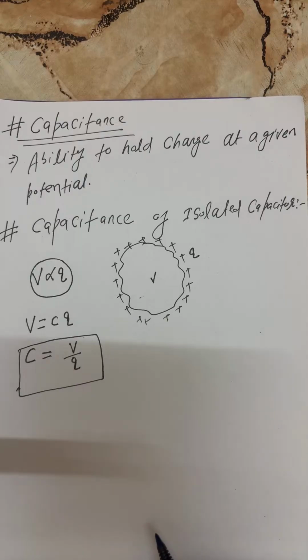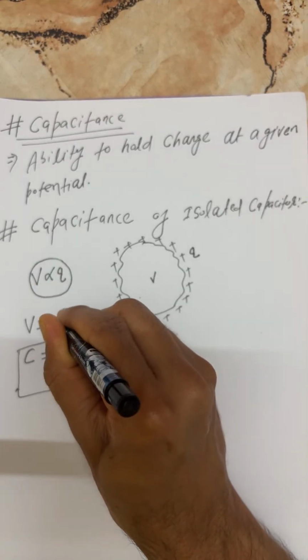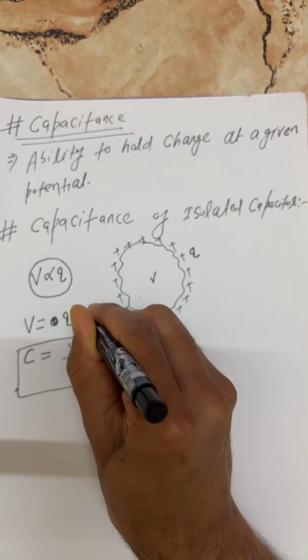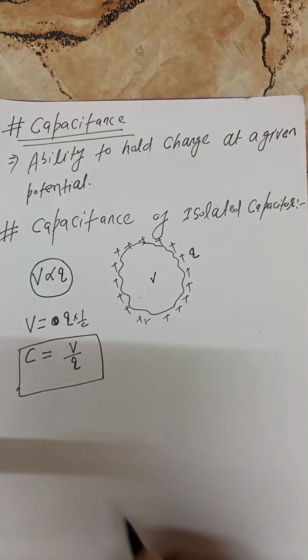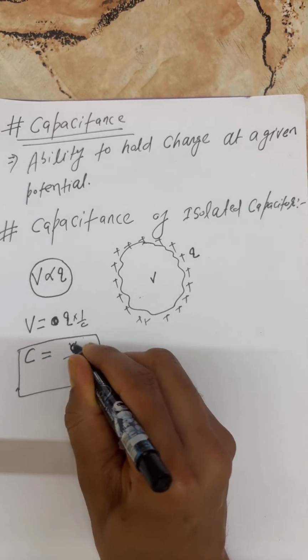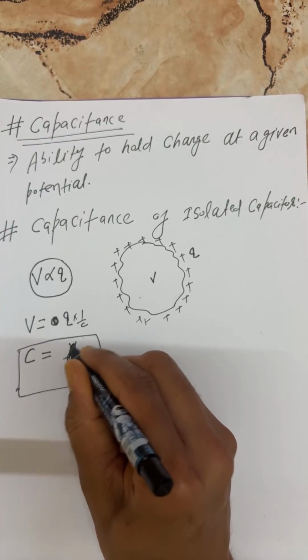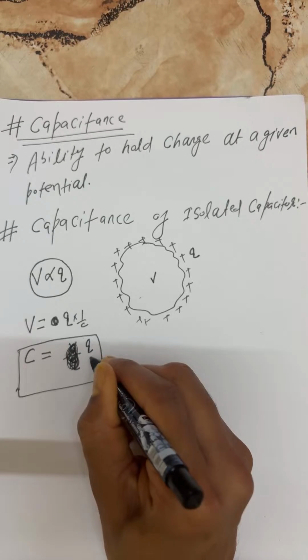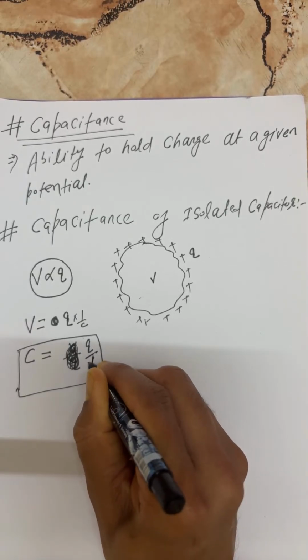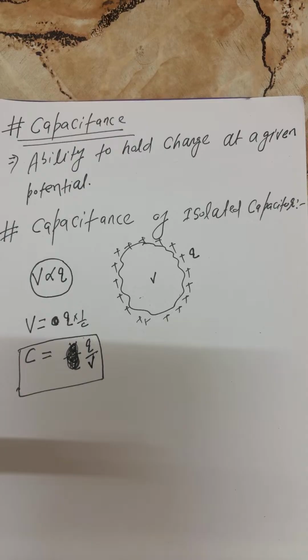You can say V by Q. V is proportional to Q here. So this proportional is not exactly C here; this is proportional to 1 by C. Then everything will be fine. So this is wrong, beta. C you can write as Q by V. C is equal to what, students?